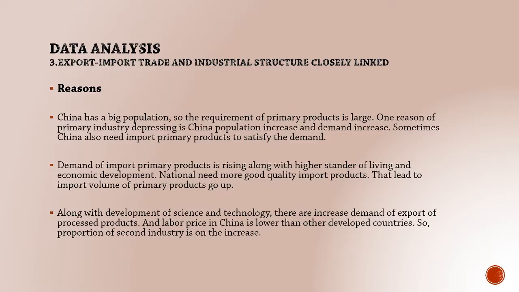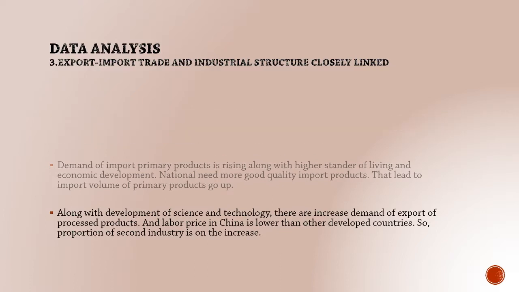There is increased demand of export and processed products, and labor price in China is lower than other developed countries, so the proportion of secondary industry is on the increase.